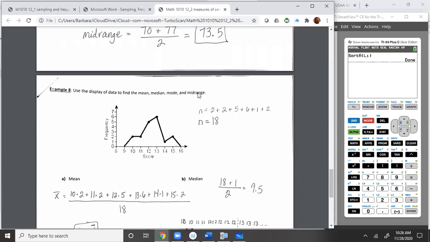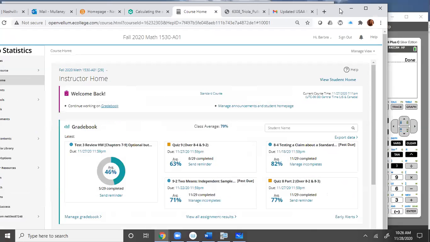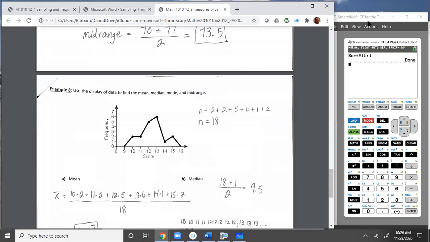To find the mean, we take the score, which is 10, and multiply by its frequency. So 10 times 2 plus 11 times 2 plus 12 times 5 plus 13 times 6 plus 14 times 1 plus 15 times 2. I can do this with you on the calculator.